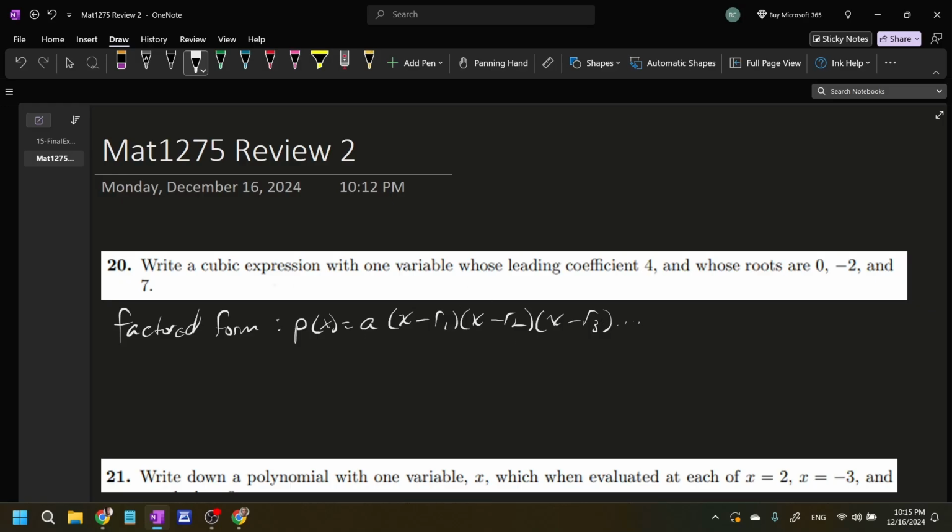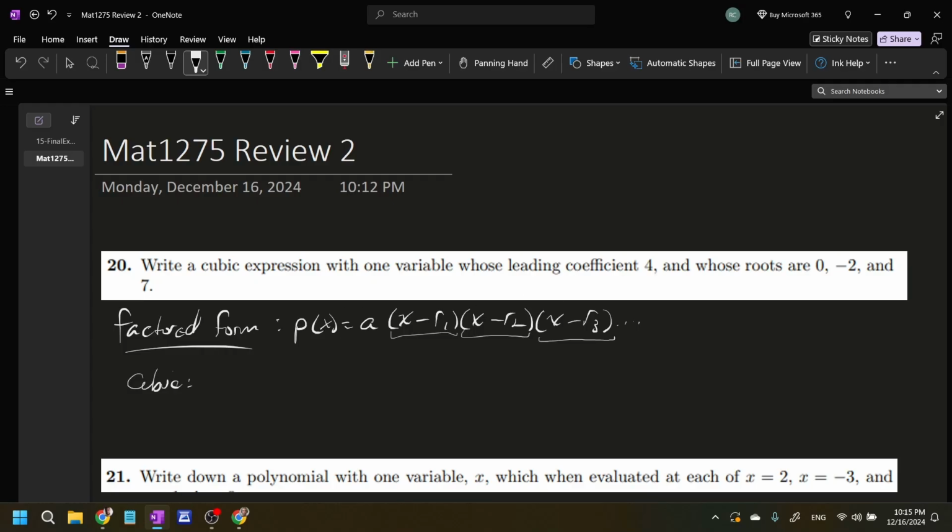They tell us it's a cubic expression, so that's our first clue. Cubic means that our largest exponent is going to be 3. So all we need is 3 linear factors, 1, 2, and 3, and we're done.